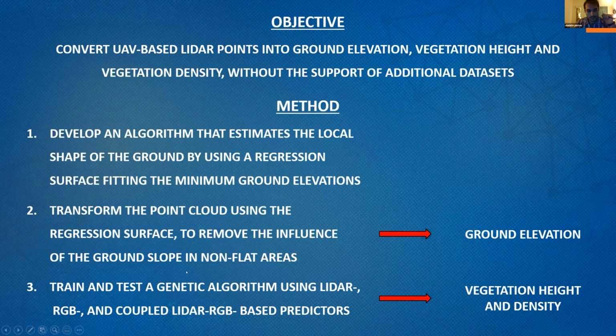Then I used a genetic algorithm, which I trained and tested using predictors coming from the LiDAR and from another data set, an RGB data set. After training and testing the genetic algorithm, I used the result to calculate the vegetation height and density inside my study area.